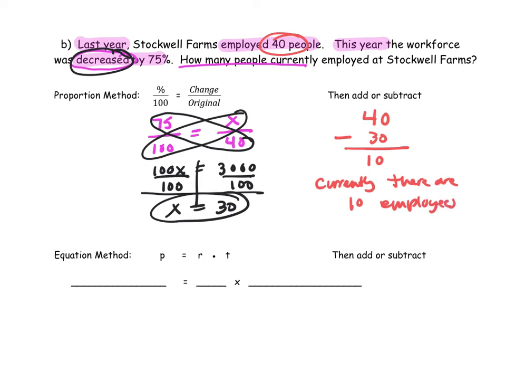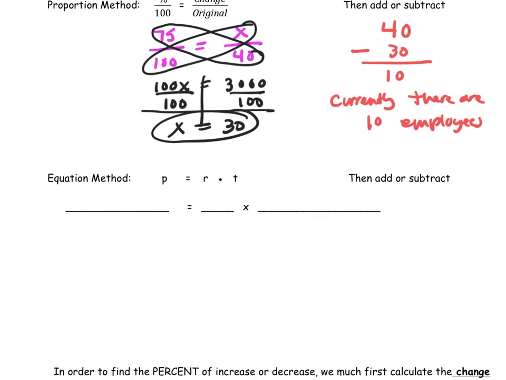So it's called increase or decrease because we have a second step once we find the amount. Now, what we're going to talk about tomorrow, in our next lesson, is if they don't give you the percent, sometimes we're asked to find the percent. But before we do that, in case you prefer to use the equation method, let's look at it again. This is the change, this is the percent, and this is the original. So we don't know the change.